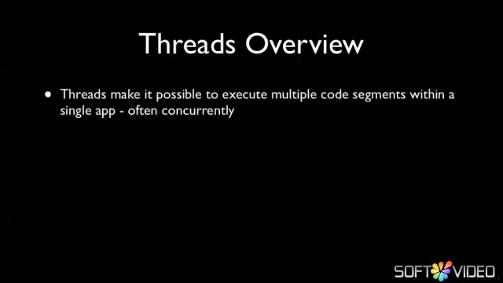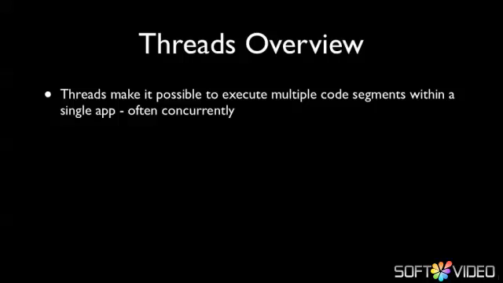What are threads? Threads make it possible to execute multiple code segments within a single app, often concurrently. Concurrently is the key word there, and we can think of threads as multiple pipes through which different pieces of code can be executed at the same time.